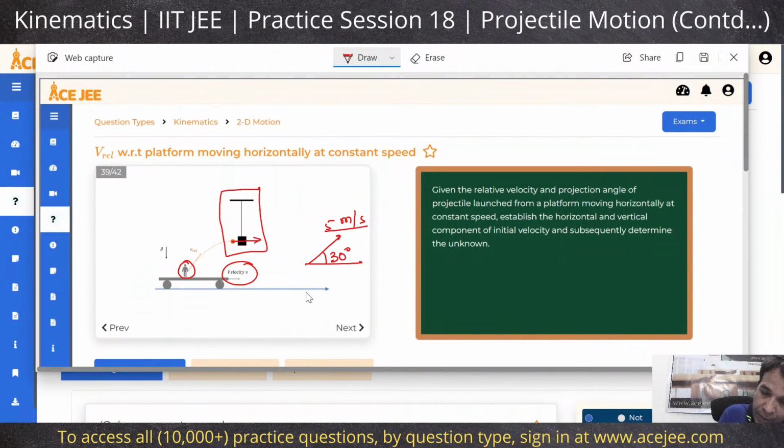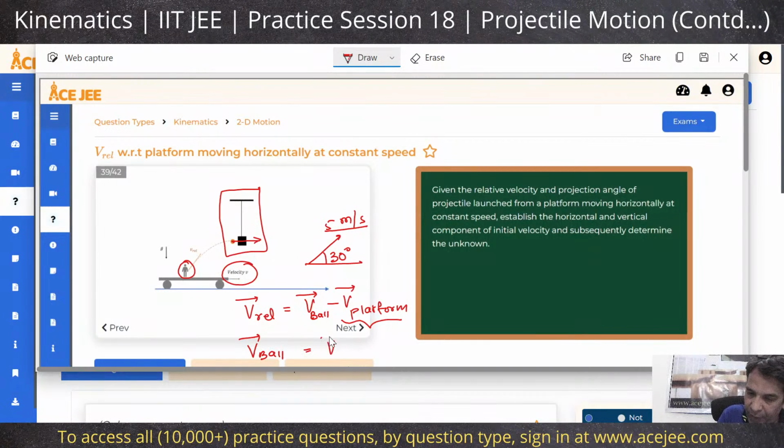Well, we know the relative velocity of A with respect to B is VA minus VB. In this case, what is B? B is the platform, so velocity of platform with respect to ground. And what is VA? In this case, the velocity of the ball with respect to the ground. So what is V ball with respect to the ground?